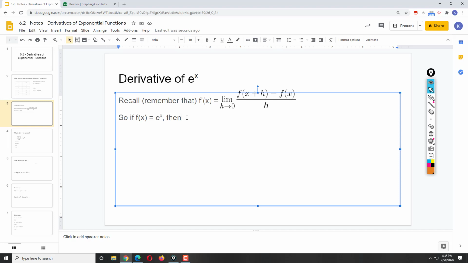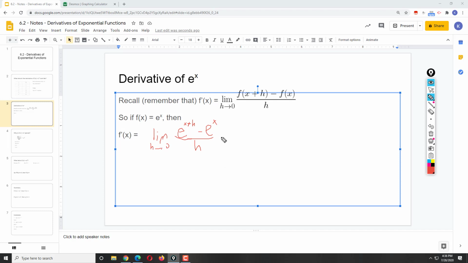So if f of x is equal to e to the x, then f prime of x has to equal, using this definition, the limit as h approaches 0 of e to the x plus h minus e to the x over h.